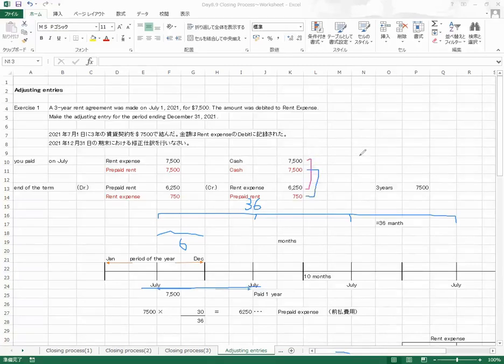There are two ways, but it is a set. Do not mix them. It depends on what entry you made in July. But anyway, you should adjust at the end of the term. Okay?